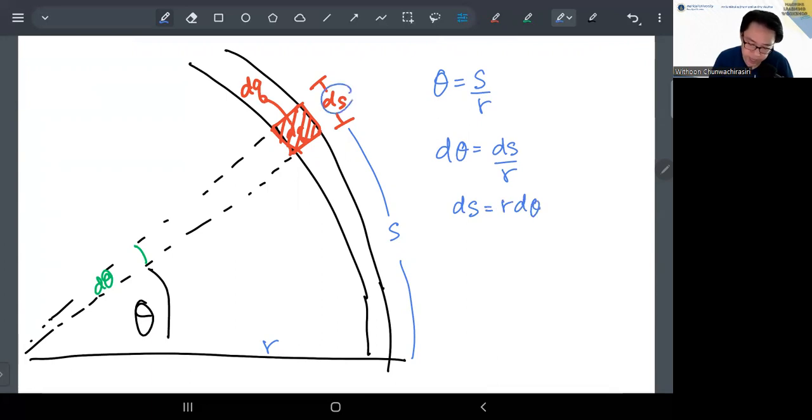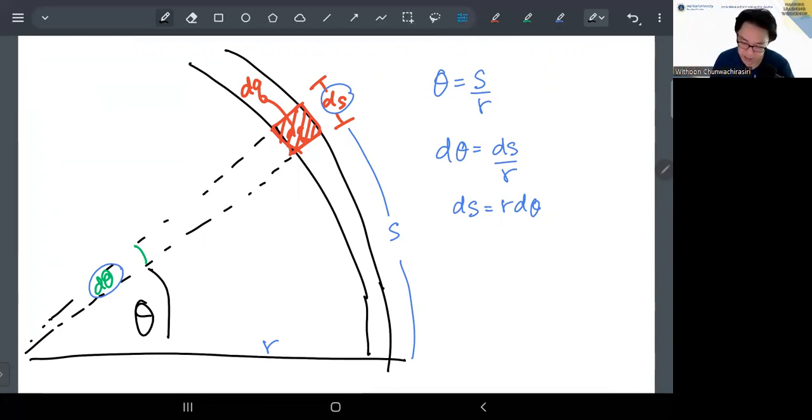You can link between the ds and the d theta by multiplying by the radius. But then we still want to get to the q. Q is here because remember, it's a uniform distribution. So if you have the length and you want to get to the q, you have to multiply by what?